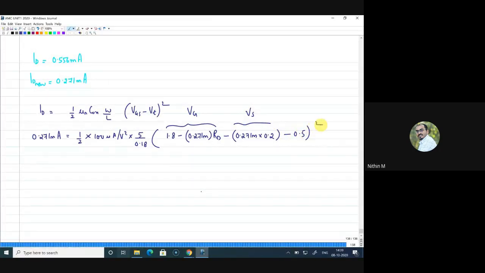In this equation I have taken the new current and put RD as the unknown, so you can find RD from this. Everything is known. This is the new RD.